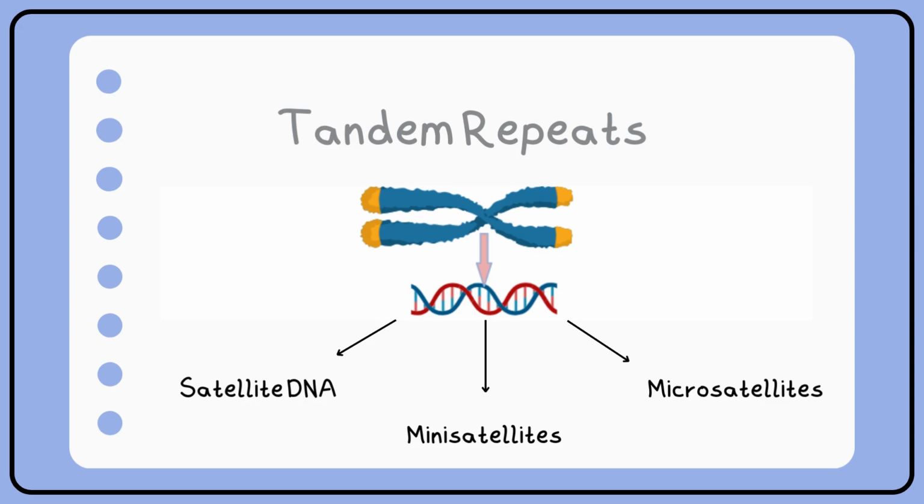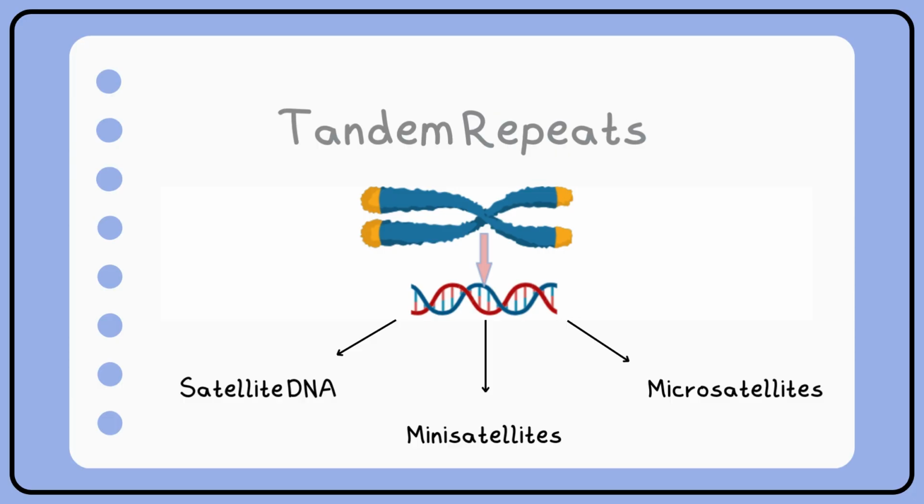These sequences are grouped into three main types: satellite DNA, minisatellite or VNTR, and microsatellites or STR. Satellite DNA, these are the large and highly repetitive arrays, sometimes thousands of base pairs long.